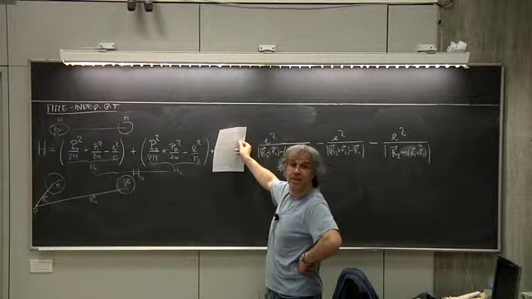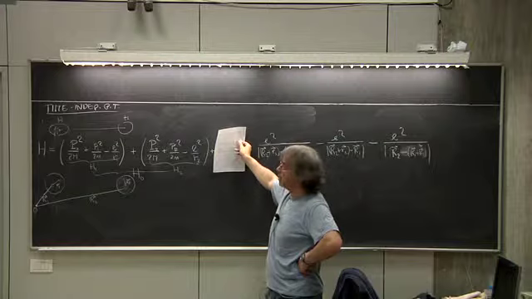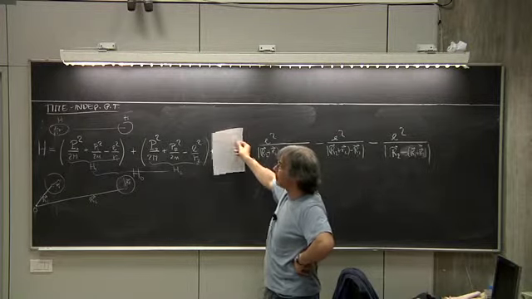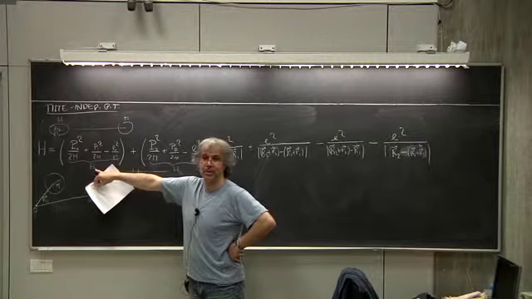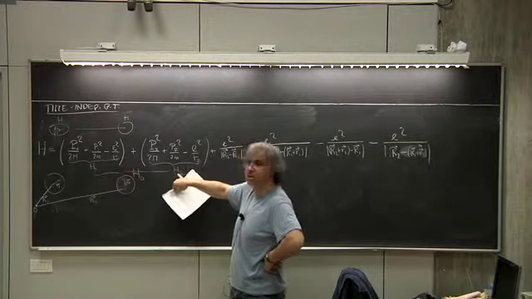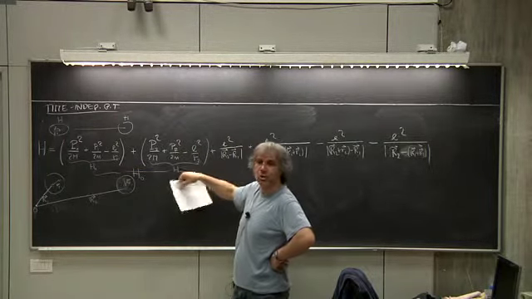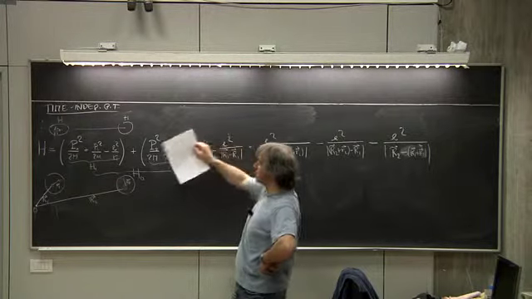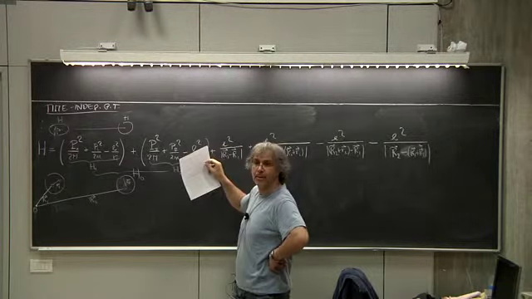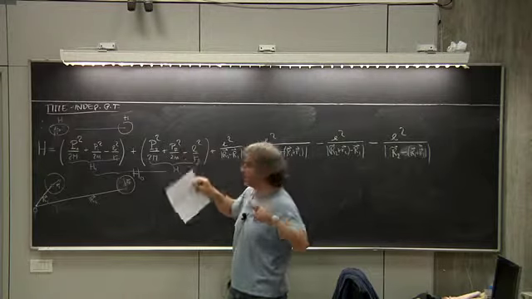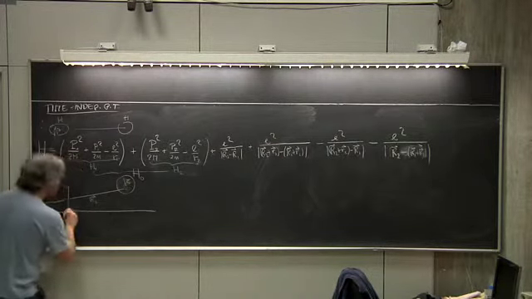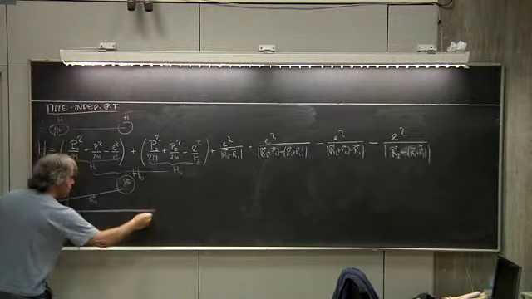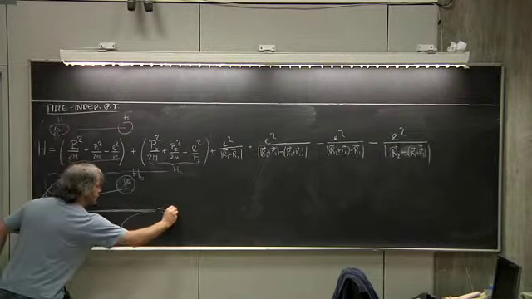The ground state of H1 is how much? Minus a Rydberg, okay? The ground state of this is minus a Rydberg. So to this level, the ground state of the combination of the two is minus 2 Rydbergs, okay? So you conclude immediately that this E0 here that I was considering before is minus 2 Rydberg.